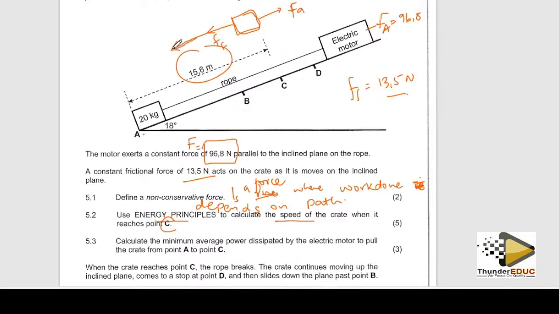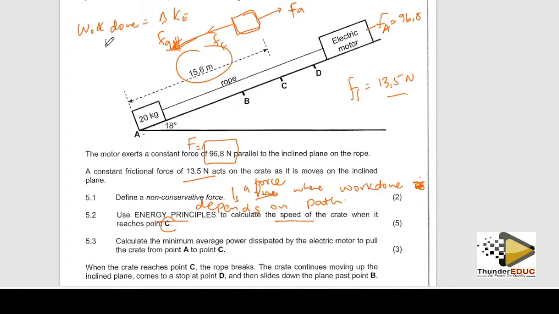And then there's also the FG parallel that will be acting along the incline as well. So since the work done depends on the path, I can try to look for the work done by each individual force. And that work done, remember, is equal to the change in the kinetic energy.